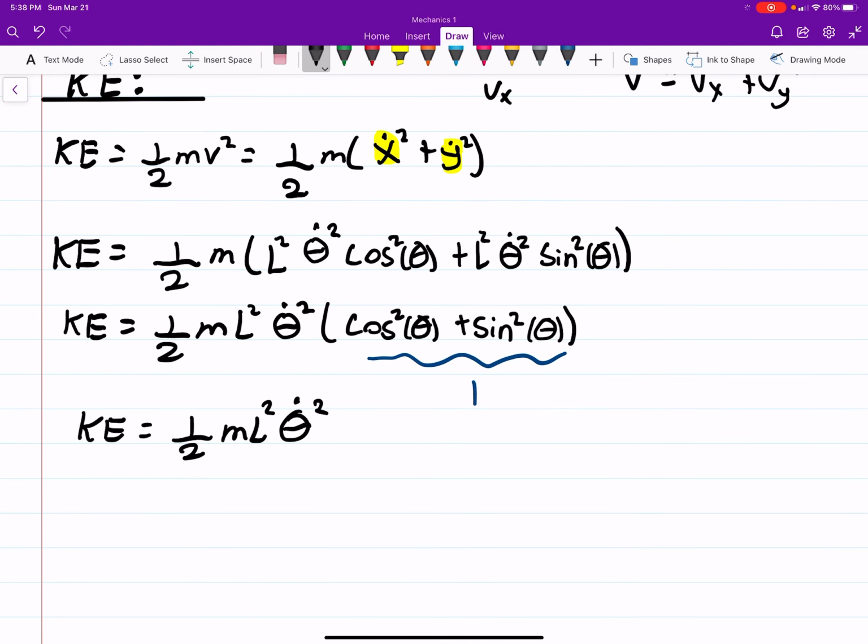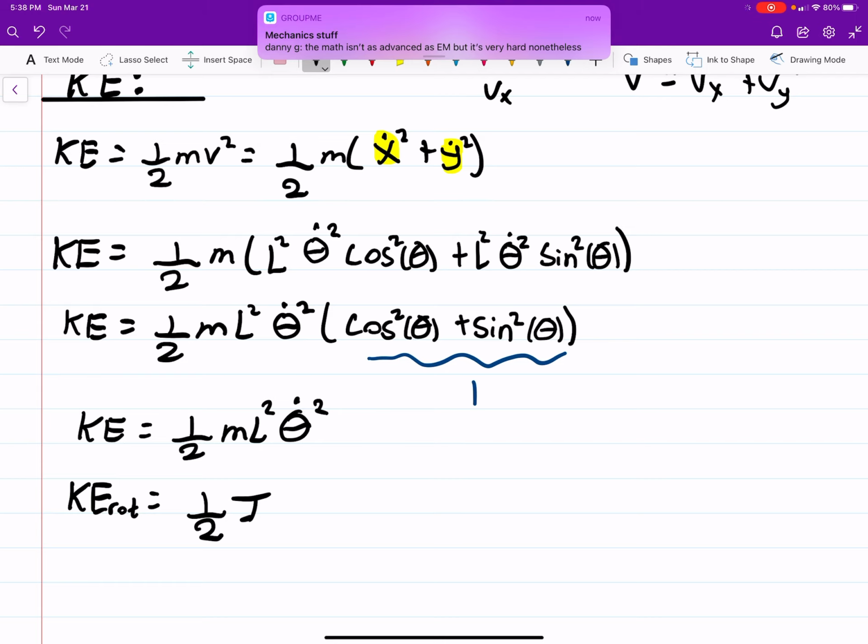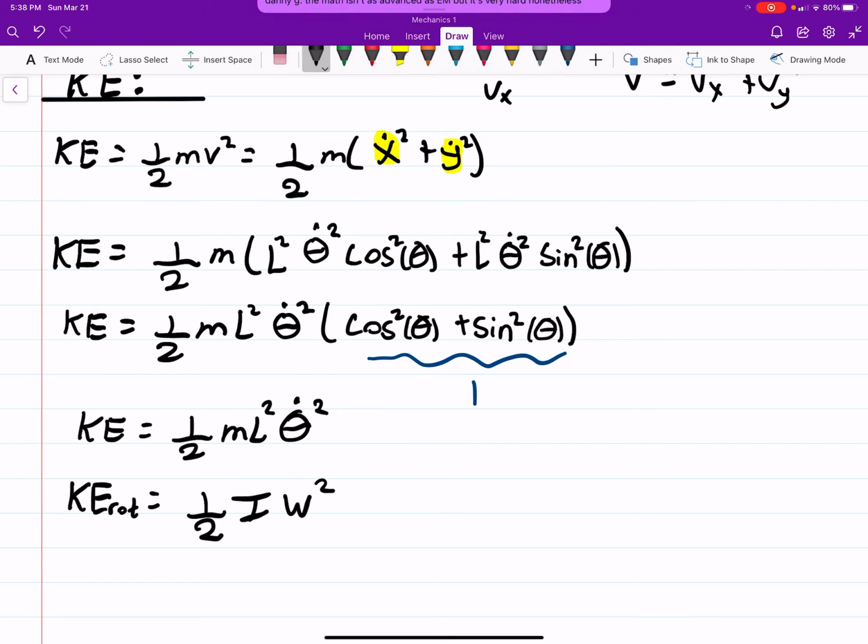Now, that is the exact same expression as our rotational kinetic energy, which is 1/2 I omega squared. I is our moment of inertia, which if you remember for a point mass is just m r squared, which in this case we could say is just m L squared, right?